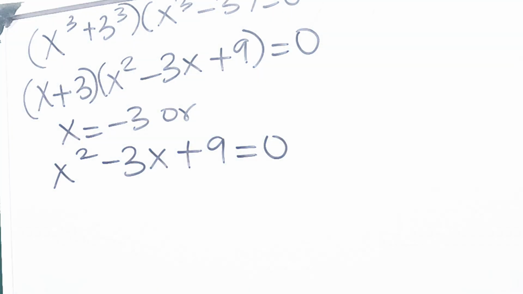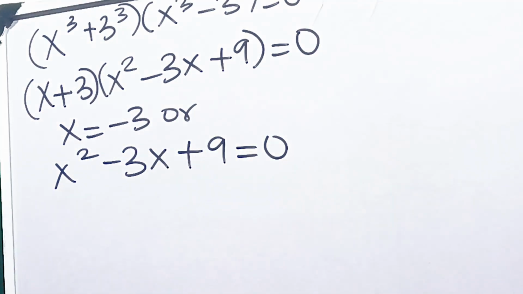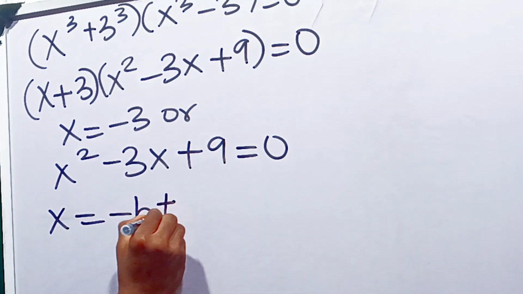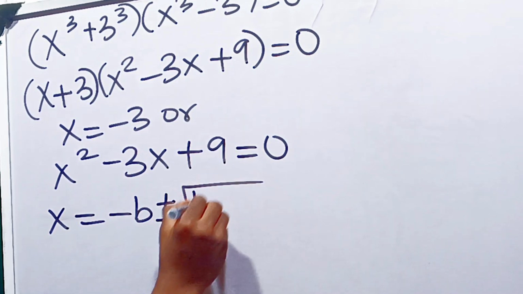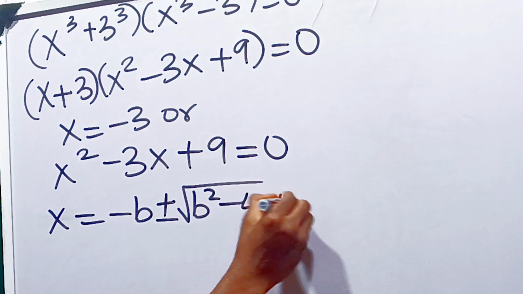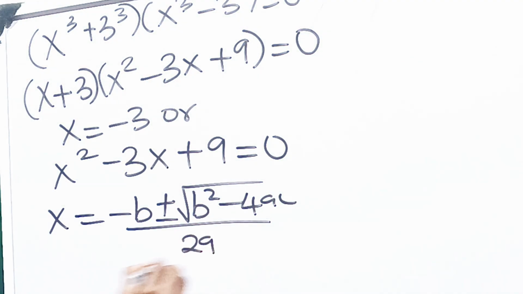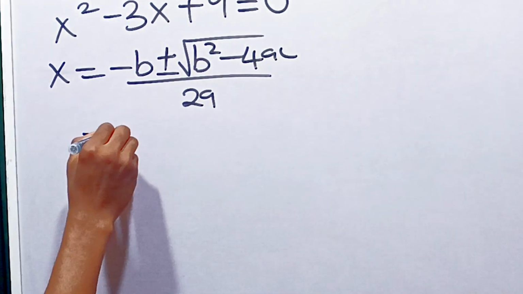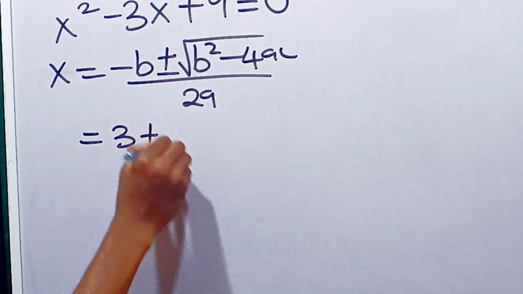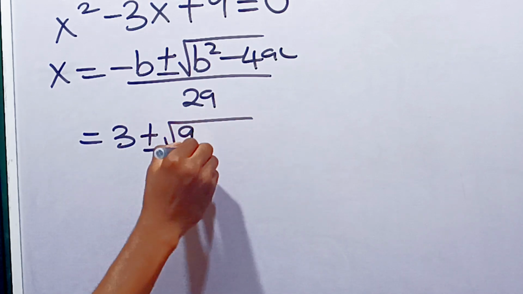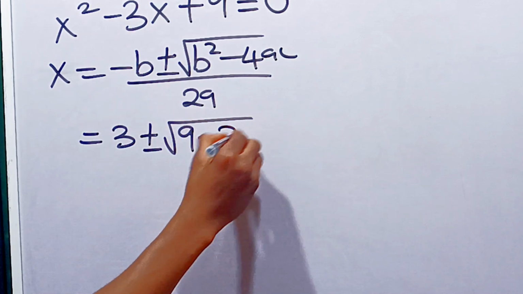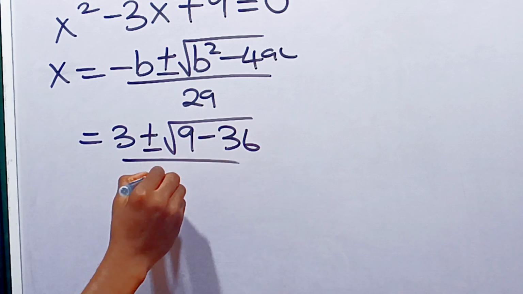Now, for this other side, x is equal to minus b plus or minus square root of b squared minus 4ac all over 2a. And this is equal to minus times minus 3 is plus 3, plus or minus square root of negative 3 squared is 9 minus 4 times 9 is 36, all over 2 times 1, which is 2.